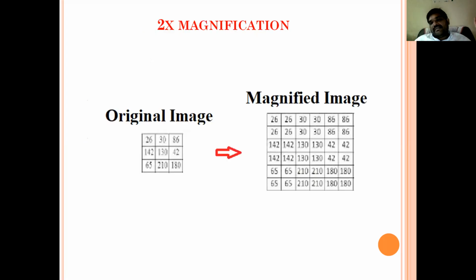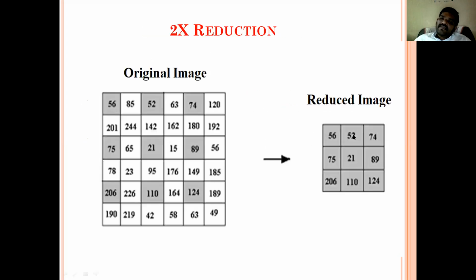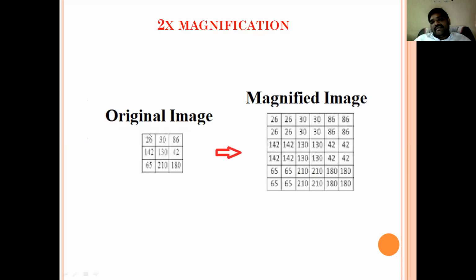Now, this is what we already discussed, 2x magnification. In the previous instance, we had 3 rows and 3 columns. Now the same 3 rows and 3 columns are magnified to 6 columns and 6 rows, as it is 2x magnification. Every column is replicated towards the column direction and towards the row direction.